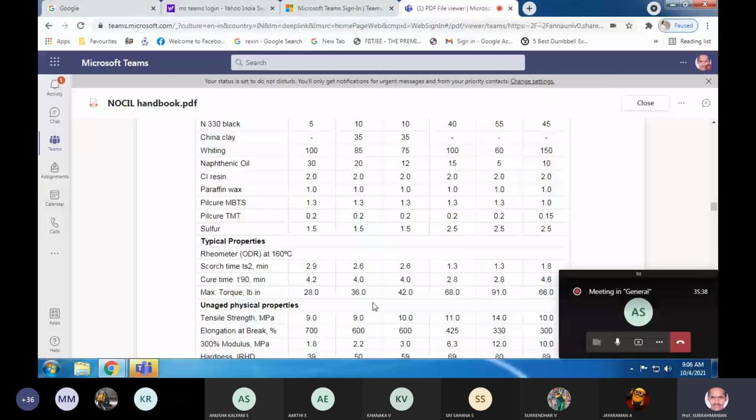Why a PVI, okay? There are formulations without PVI, but certain formulations contain PVI. The reason being that sulfonamide is one accelerator that does the job of thiuram and the thiazole.